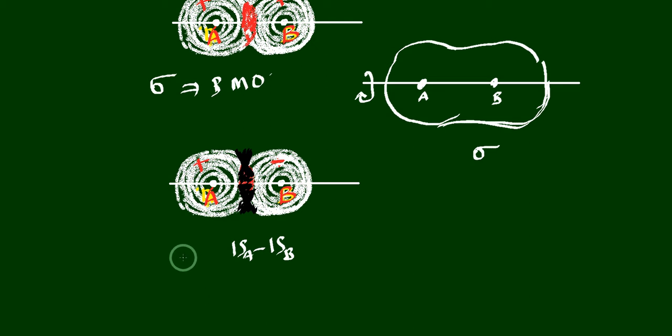So if the molecular orbital is this one, then if you are looking at the electron density of this molecular orbital, in between the nuclei the electron density will be zero. If the electron density in between the nuclei is decreasing, that situation corresponds to the anti-bonding situation.